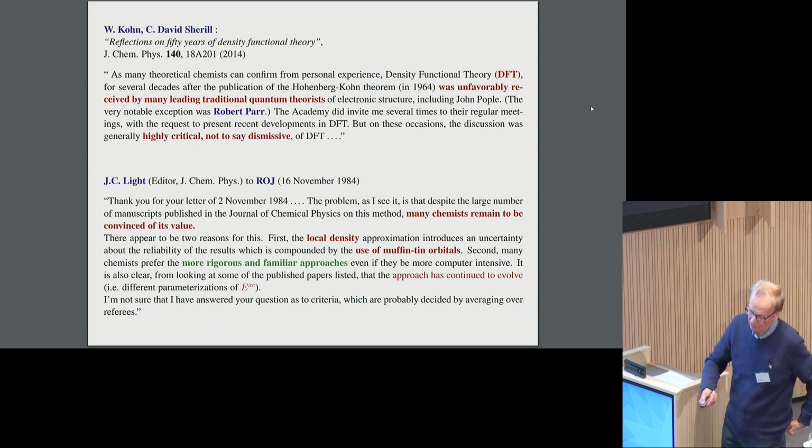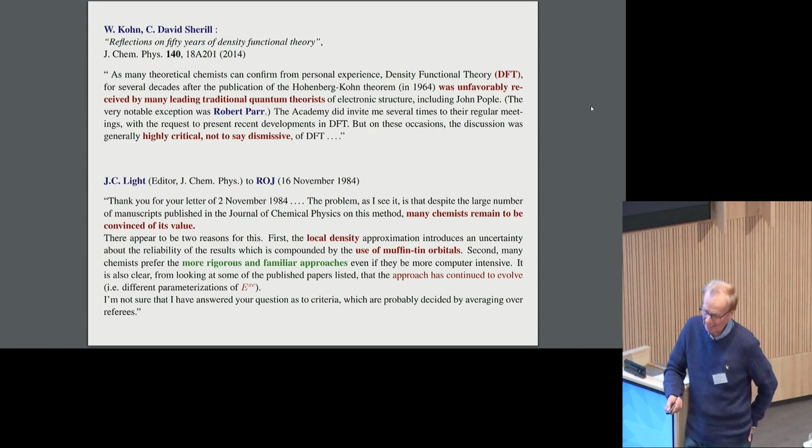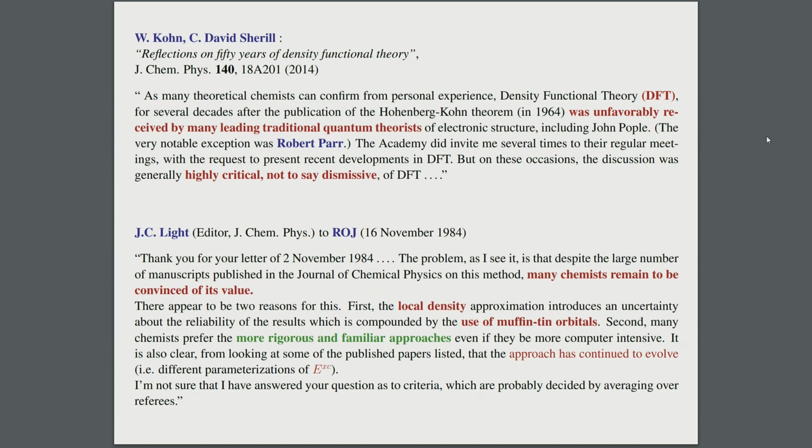He said that the theoretical chemists were highly critical, not to say dismissive, of DFT. After a particularly nasty bout with a referee, I asked John Light, then editor of the Journal of Chemical Physics, what do you think about density functional theory? And he said the local density approximation and the use of our particular basis sets.